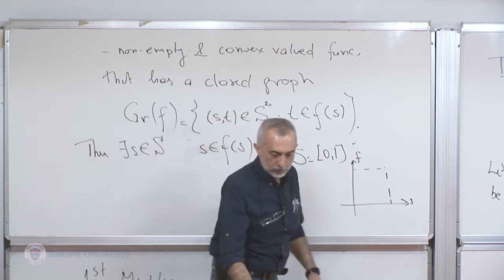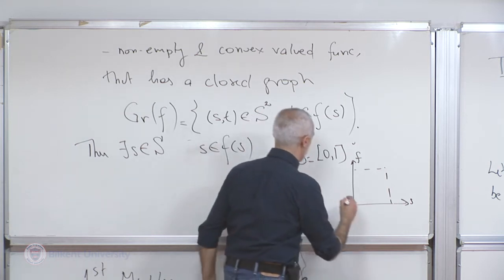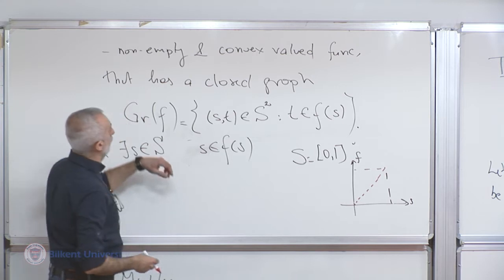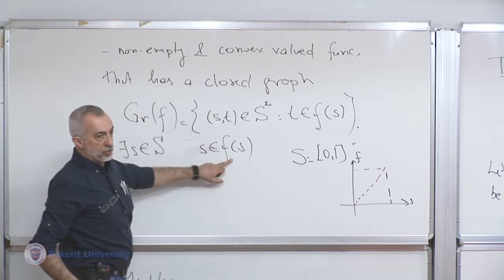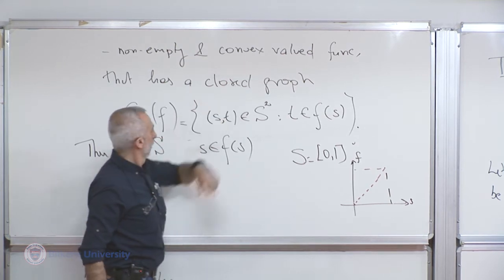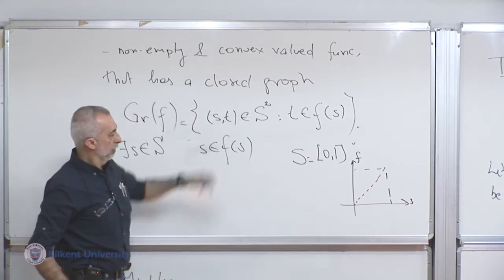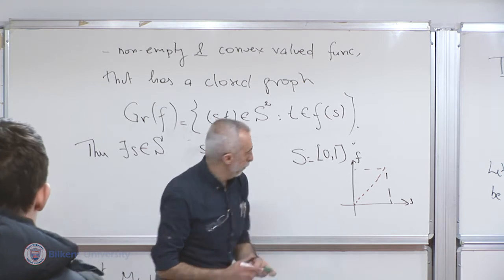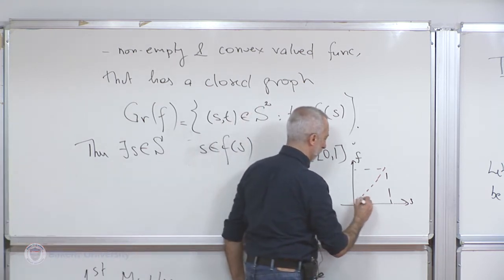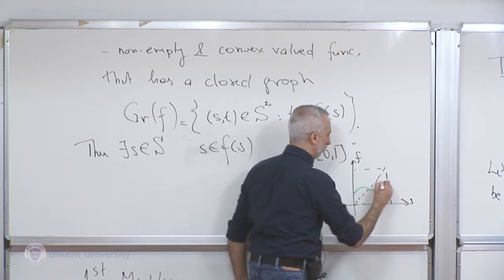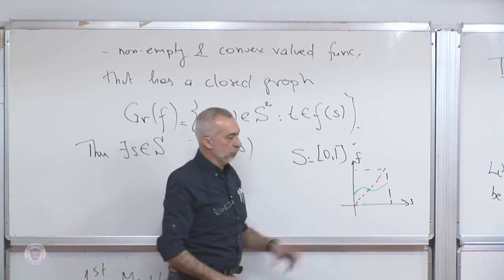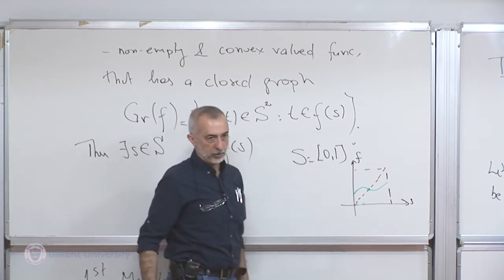What this says is that if f of s is non-empty and convex valued, and has a closed graph, then its graph will have to cut the 45-degree line. That's a simple implication of Kakutani's fixed point theorem.